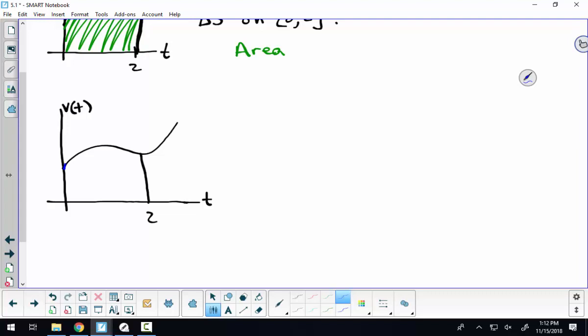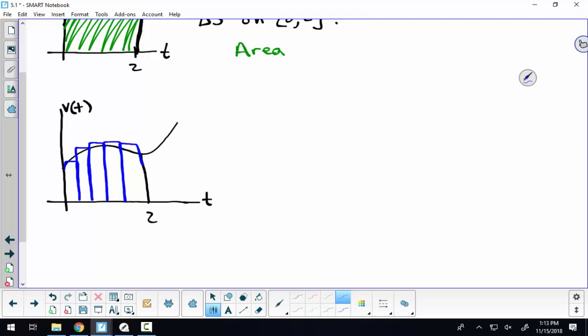If I had a bunch of rectangles in here, or let's just say a few rectangles in here, then I can compute the area of each individual rectangle and say that the area of all of those rectangles is pretty close to the area underneath that curve.